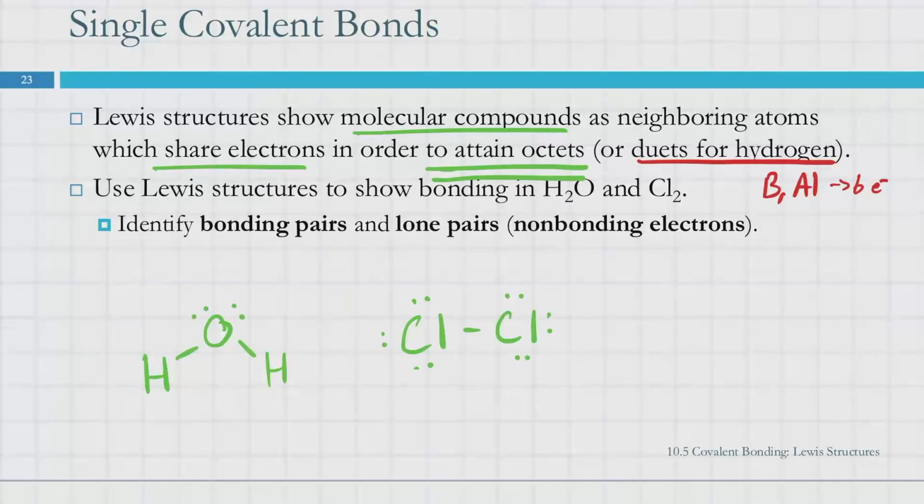So these are our Lewis structures. And we've got bonding pairs and lone pairs, or non-bonding electrons. The bonding pairs, in this case, are single bonds. These are electrons shared between atoms.